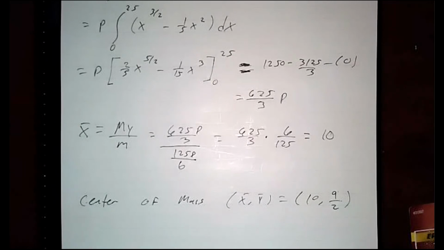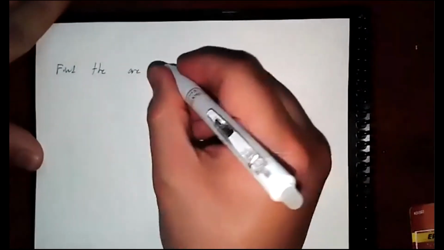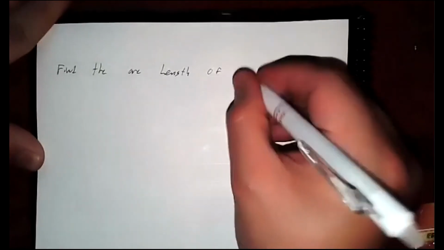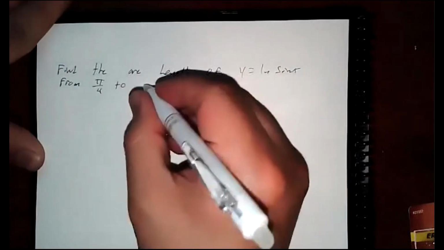Garrett, what's your question? Okay, so basically you're saying find the arc length of y equal ln sine x from pi over 4 to 3 pi over 4, right?